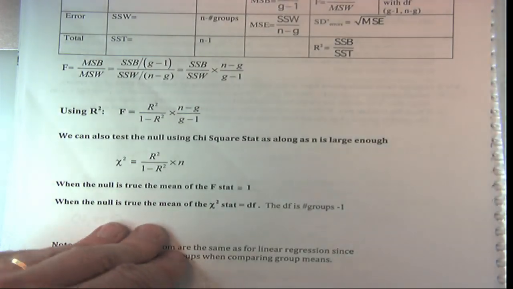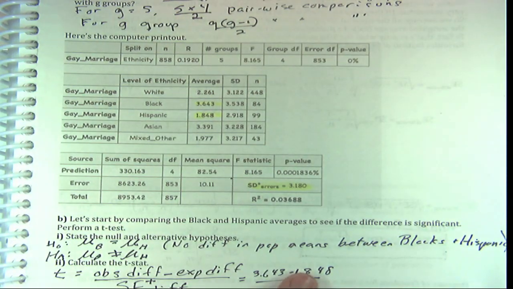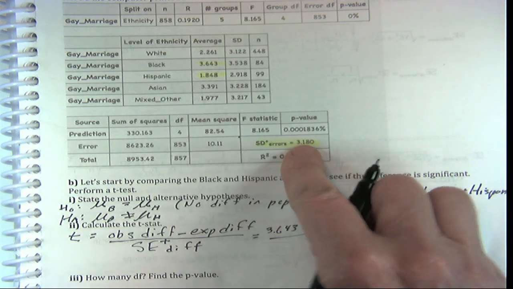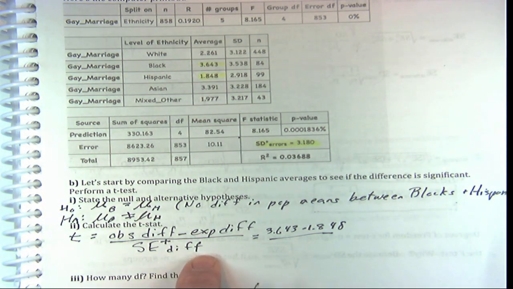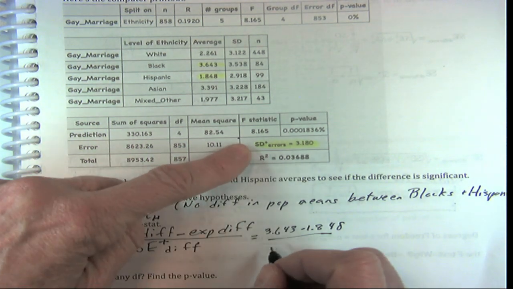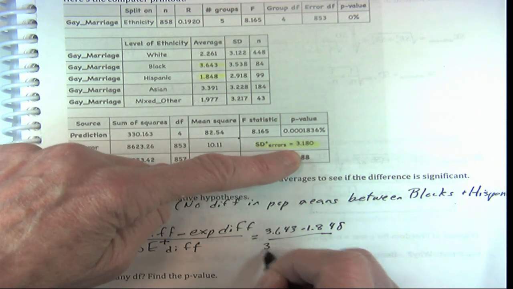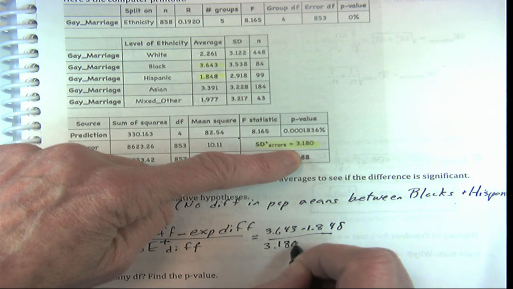So let's go back and do it then. Here we are. That's our numerator right here, and you're always going to be given that. So let's remember the standard error for the difference is just going to be the standard deviation of these right here, 3.180.